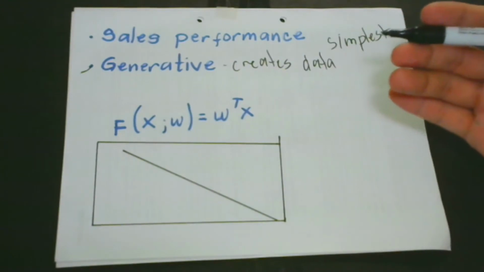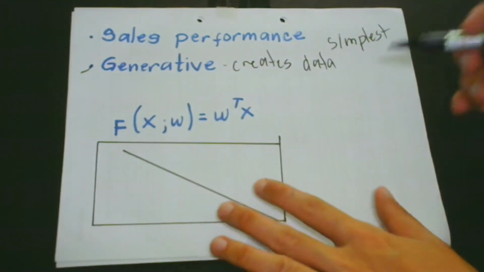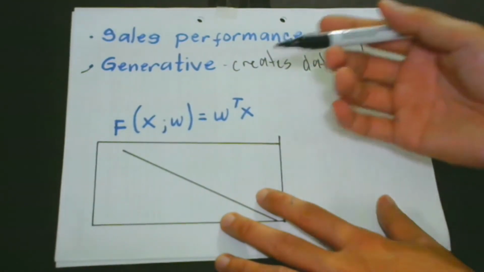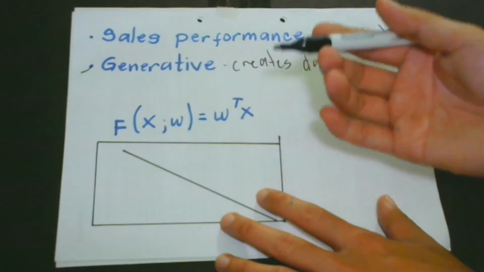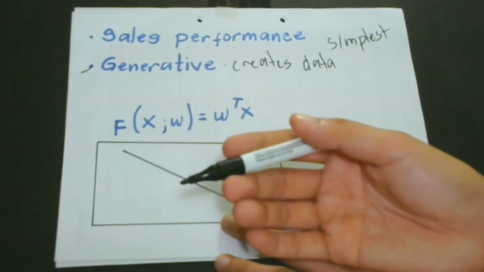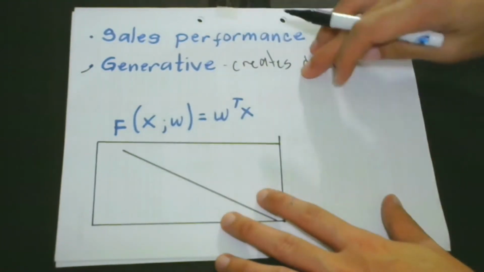Why? Because it learns from itself. We don't need to use more time or exert more effort and even money to find more data because our model creates its own data.